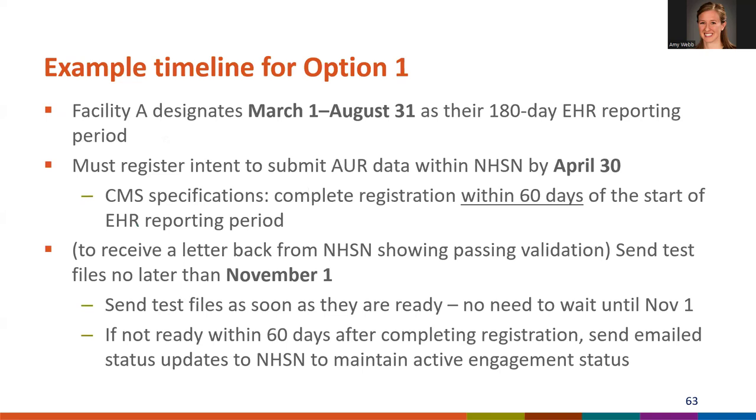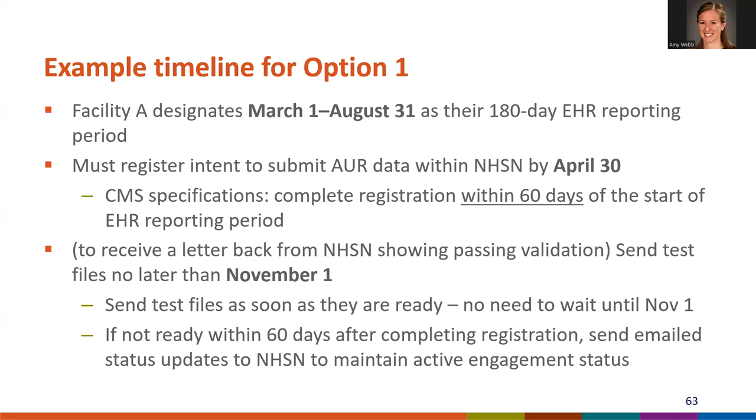So let's talk through an example timeline here. Let's say facility A designates March 1st through August 31st as their 180-day EHR reporting period. In this case, the facility has to register their intent within NHSN by April 30th, since that's within 60 days of the start of their reporting period. And if they want to receive a letter back from us showing they've passed validation, they need to send those test files no later than November 1st.